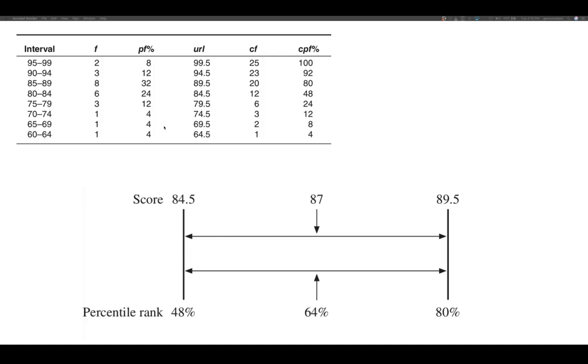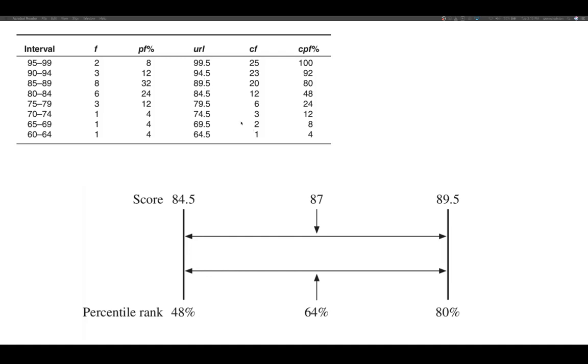So we could basically assume that 8 scores are spread evenly from 84.5, which is the lower real limit of the class interval 85 to 89, to 89.5, which is the upper real limit, as you could also observe in the example table.